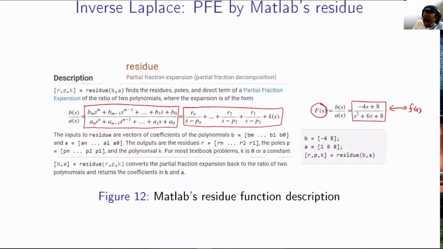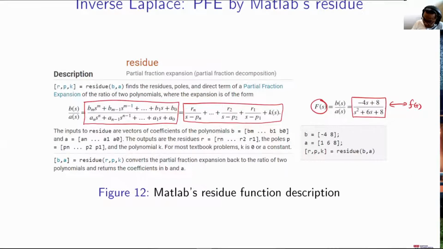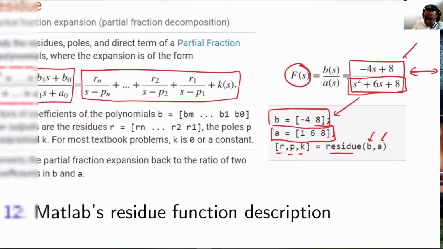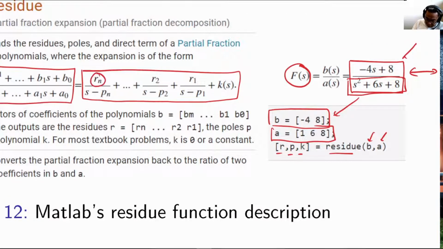If you have MATLAB, it is a one statement affair. You enter the coefficients of the numerator as a vector b, the denominator as another vector a. You send b and a into this function called residue, and out comes r, p, k, which are 3 vectors telling you the coefficients of r, which is the numerator on top, and k below.